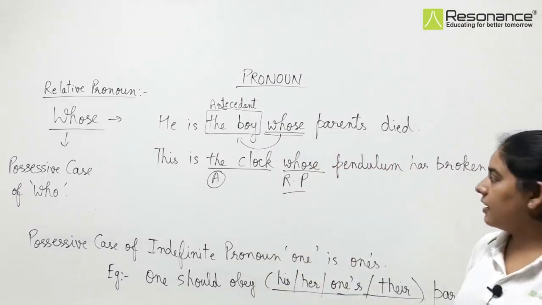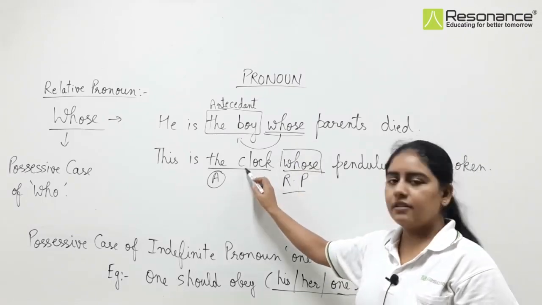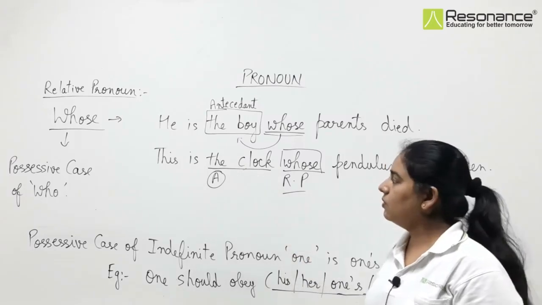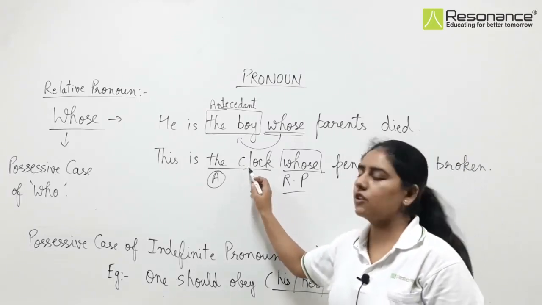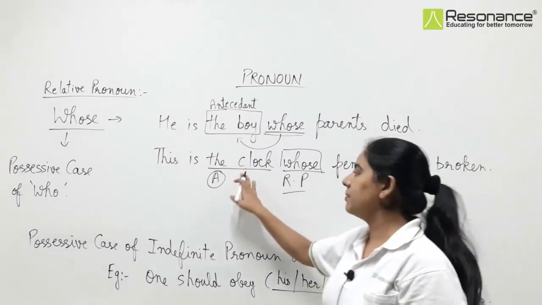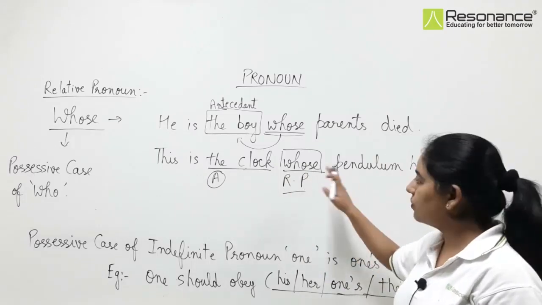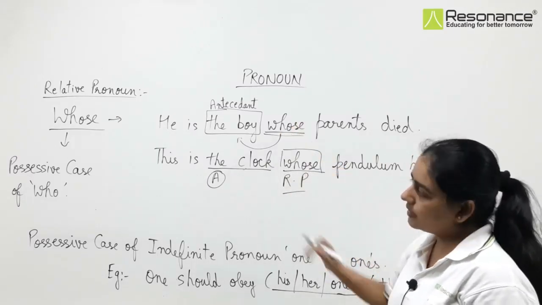Okay, तो ये whose क्या हो गया? Relative pronoun हो गया. ये possessive case है किसका? who का. और वो who किसको represent कर रहा है? clock को. यहाँ पर किसके pendulum की बात हो रही है? We are talking about the pendulum of the clock. So here we will use whose. Okay, so whose can be used for both persons and things.